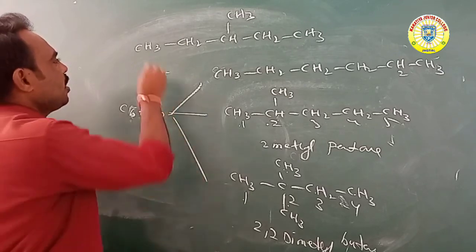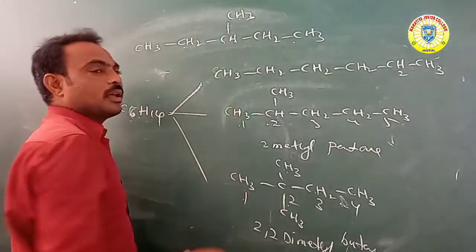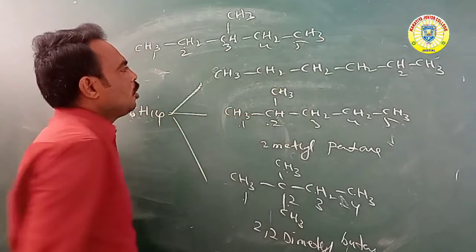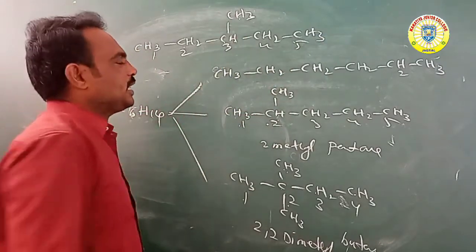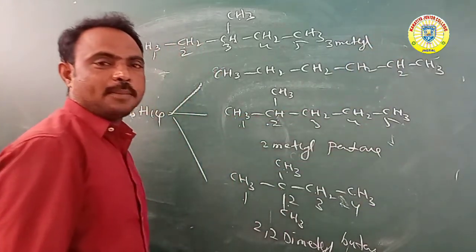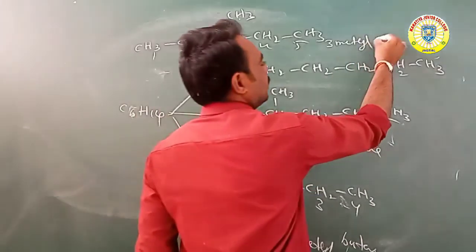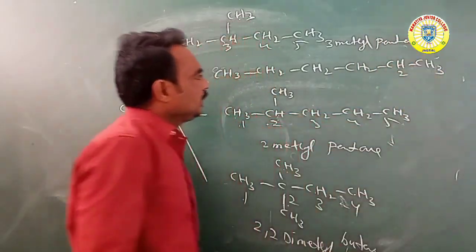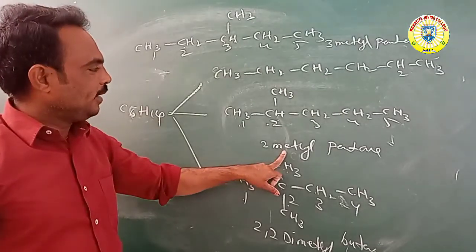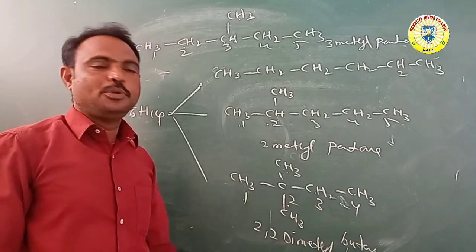We give the numbering 1, 2, 3, and the third carbon is attached with a methyl group, 1, 2, 3, 4, 5. So we write 3-methyl, and how many carbons? 5 carbons, single bond, so pentane. So 3-methylpentane, 2-methylpentane, n-hexane, or 2,2-dimethylbutane.